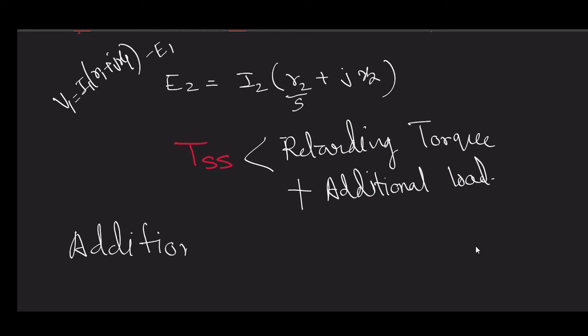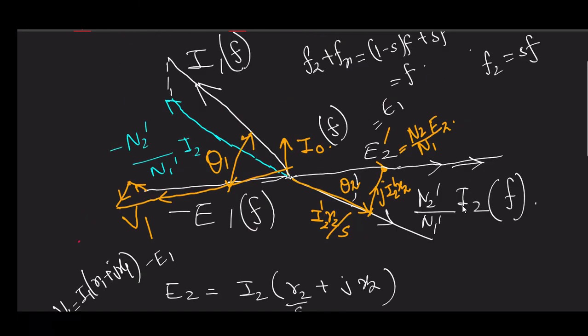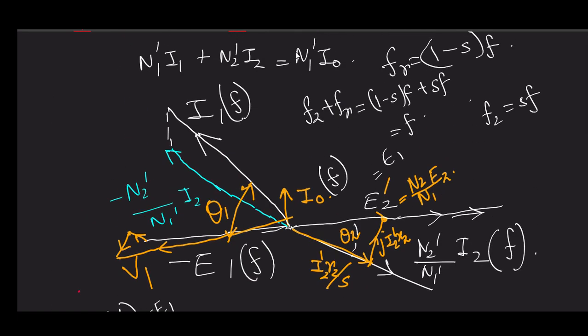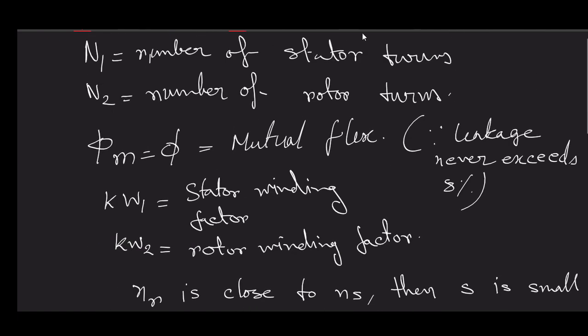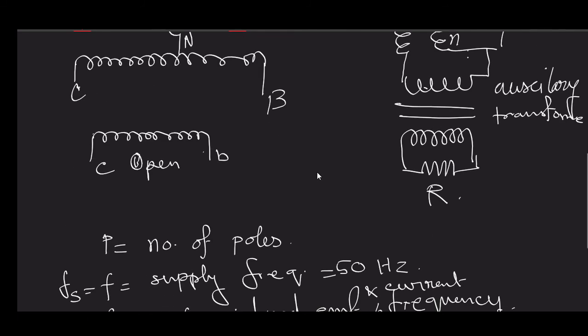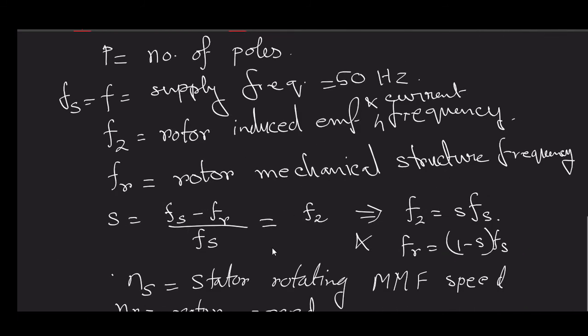We can write it like adding of additional load on the motor shaft is like an increase in S. Now once you increase S, what would happen? If you change S, then that will change the relative speed. The relative speed of the magnetic flux will increase, and thereby it will increase F2.